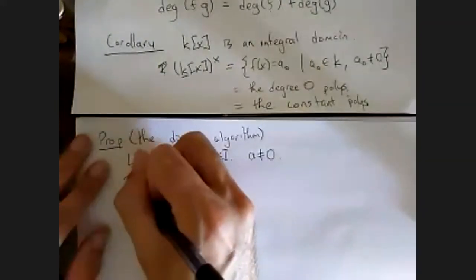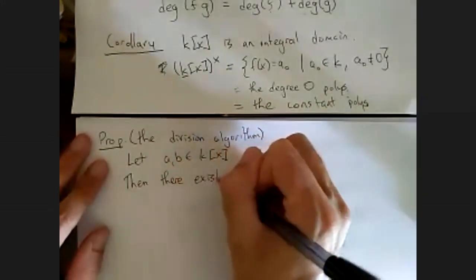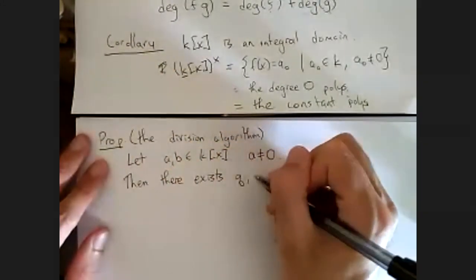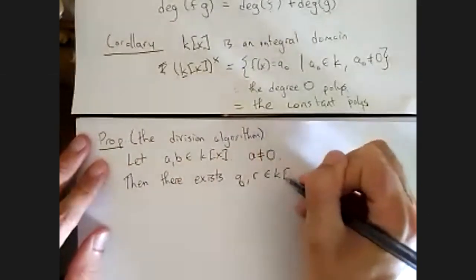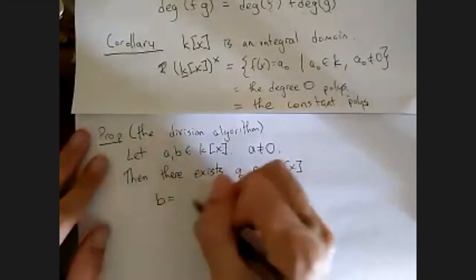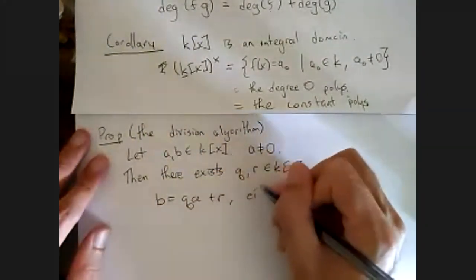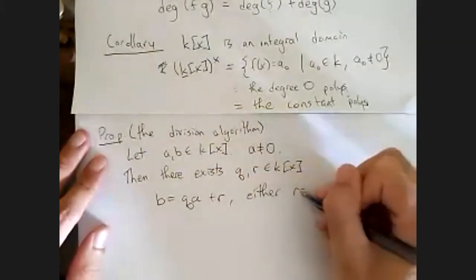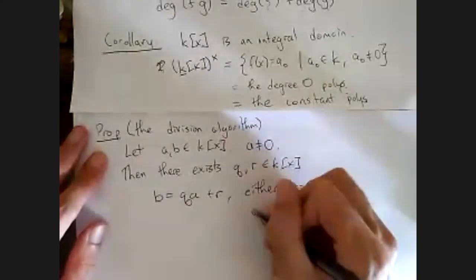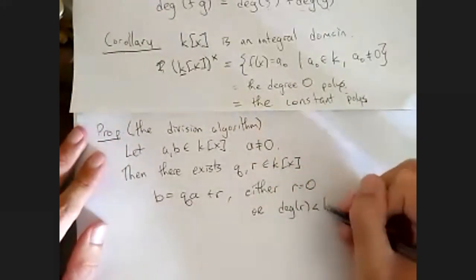Then there exist polynomials Q and R such that B equals QA plus R, and either R is equal to 0 or the degree of R is less than the degree of A.